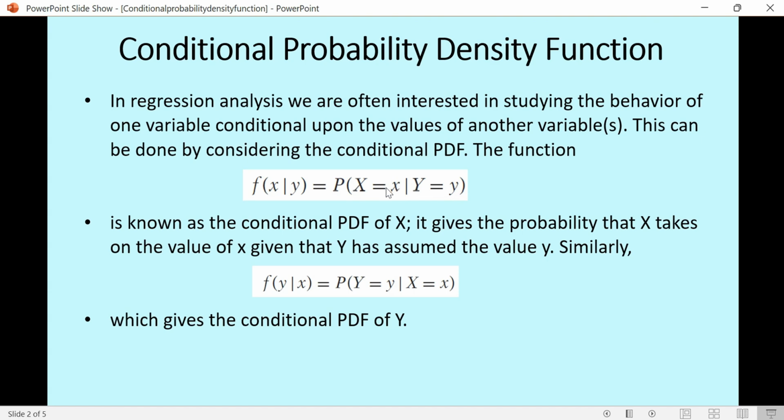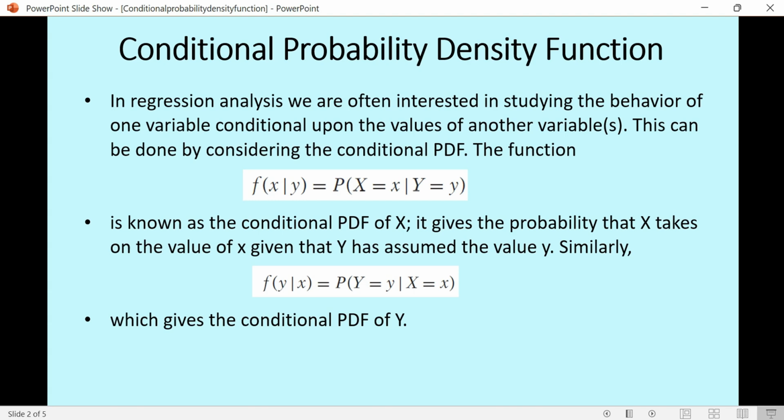Here the lowercase x and y are the particular values we are interested in, and the capitalized X and Y are the random variables. So these are two random variables, and we are not only interested in probabilities of X, but more interested in the probability of X given the particular value of y.